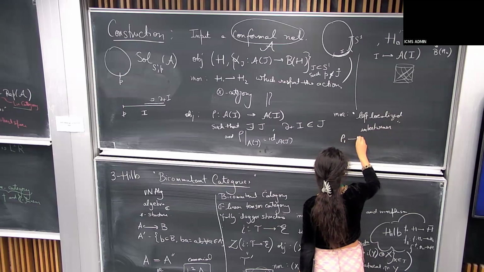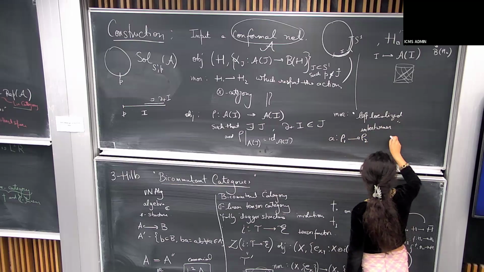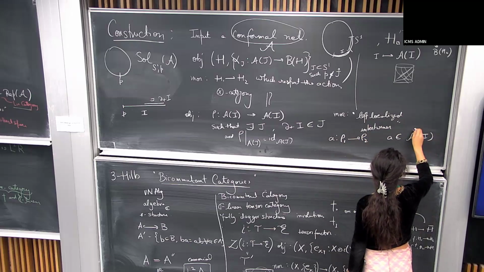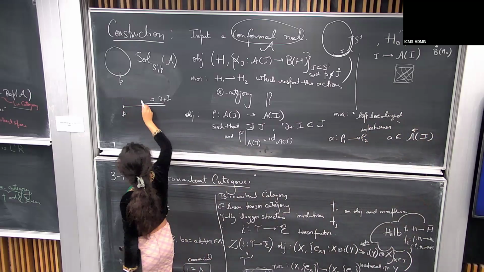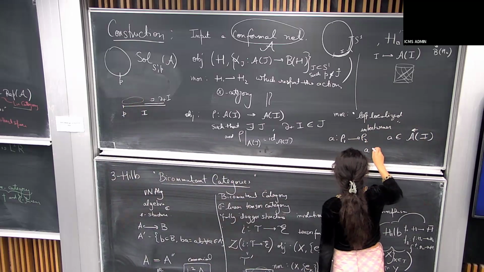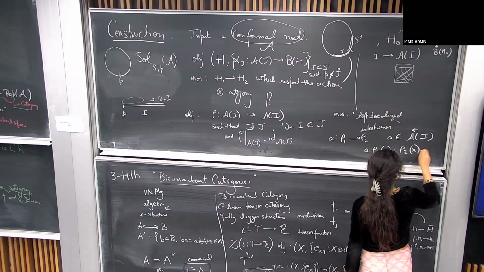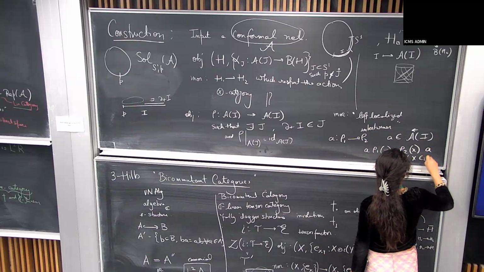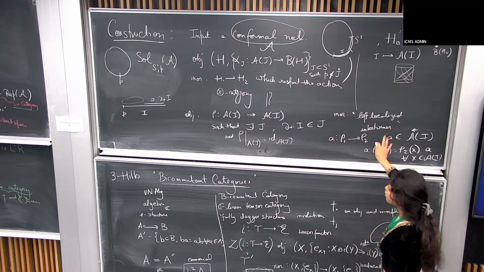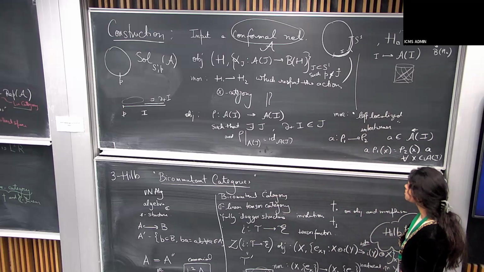So from rho 1 to rho 2, there is a map A, which belongs to some algebra which is localized near this point P. So the element comes from somewhere here and it's an intertwiner: A rho 1 x equals rho 2 x A for all x in A of I. This is again a category people consider if I don't localize it. In general, just endomorphisms form this category with intertwiners.